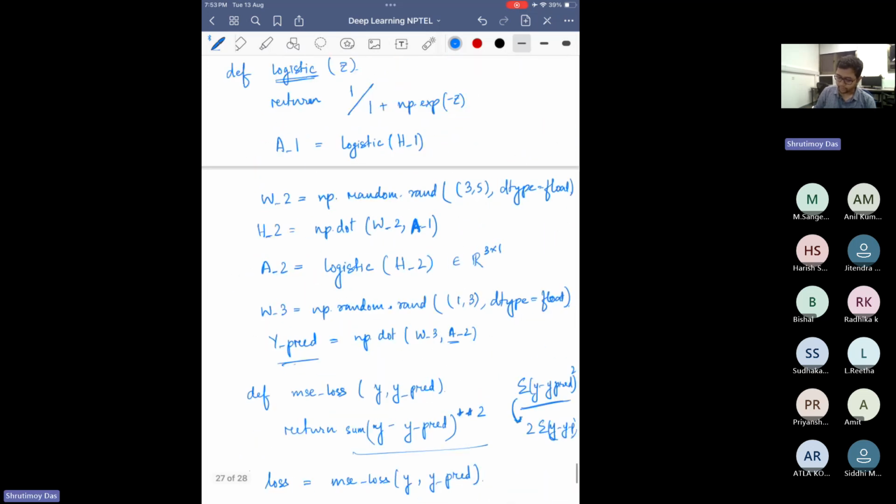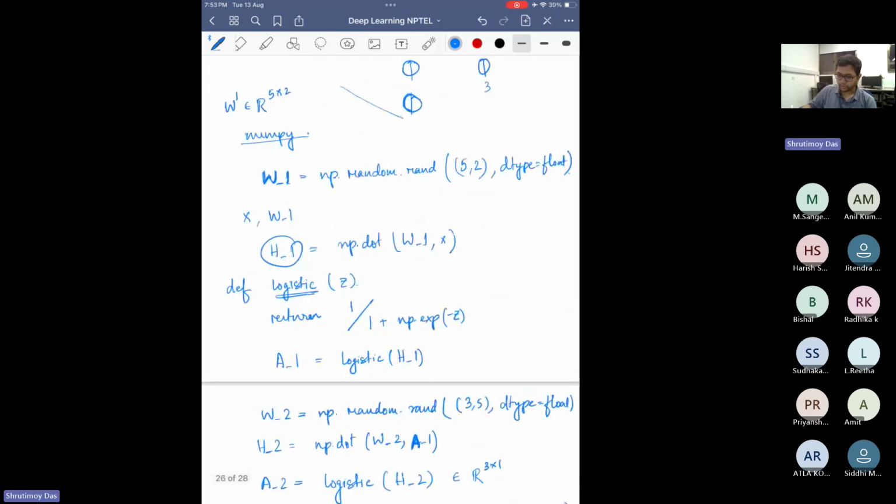suppose I have a different function, say model. What this model does is it puts all of these things inside the model. You will define your W1, W2, W3, and your logistic function inside this model.